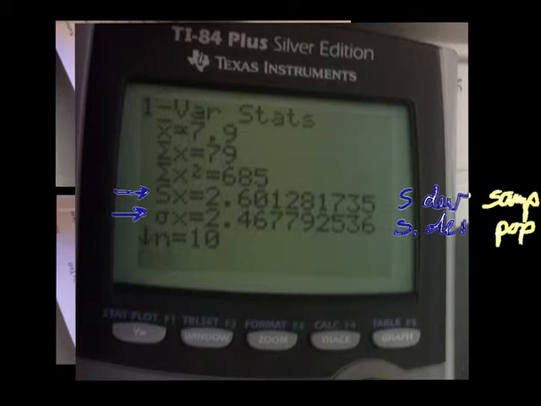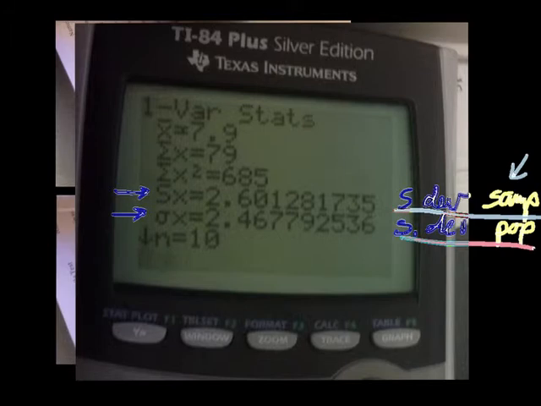And these are the two numbers that we would need. If our original data was a population, then we would use this one. If our original data was a sample, then we would use the first one. And in general, we always use the first one because most of the time our data comes from samples.